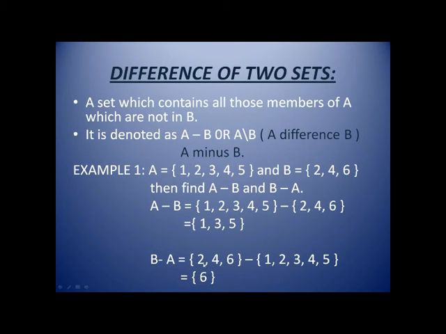Now all the members of set B which are not present in set A is our answer. So only 6 is an element which is not present in set A. So 6 is our answer.